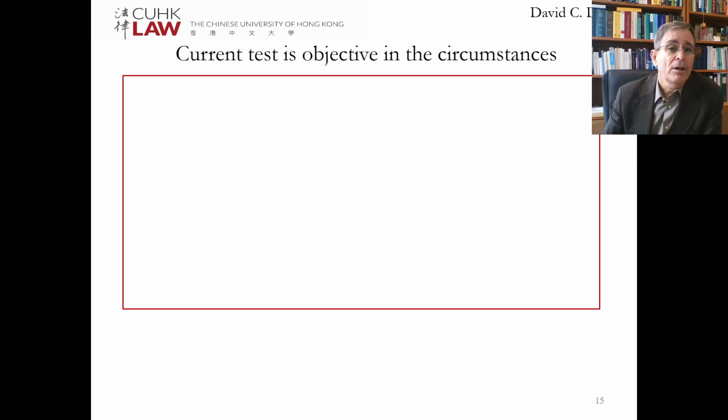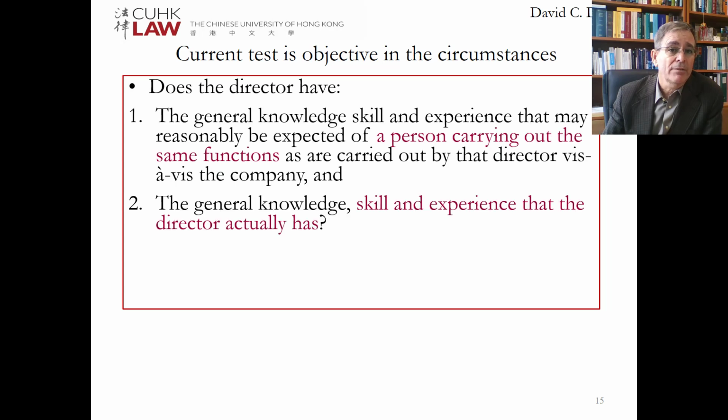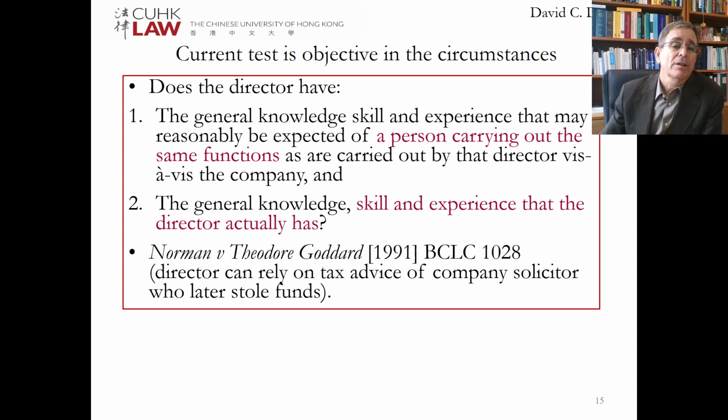What we have now is a test that was originally in the insolvency law of the UK, and the House of Lords, in particular Lord Hoffman, brought it into the common law, first in the case of Norman versus Theodore Goddard.